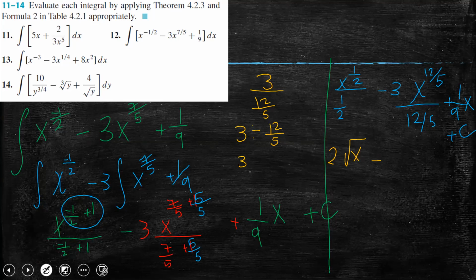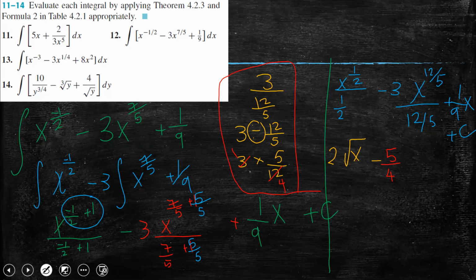Let's change the divide to multiply, and the reciprocal of 12 over 5, which is 5 over 12. So it comes like 5 over 4 after simplifying. Then x to the power 12 over 5, that means I have to put the fifth root of x to the power 12, plus 1 over 9x plus c.